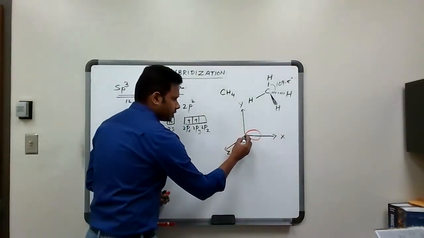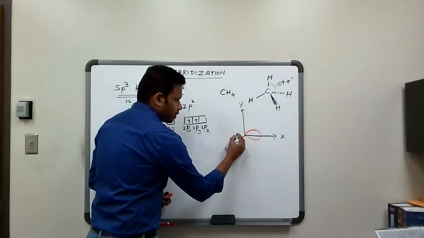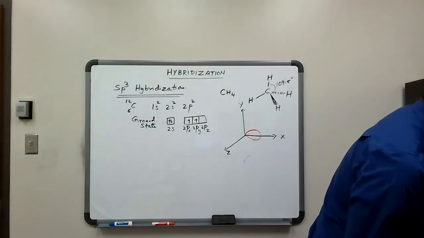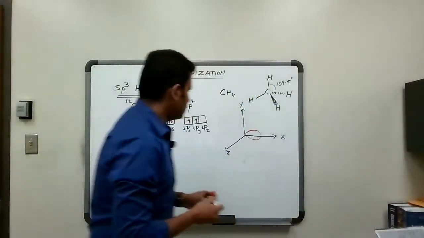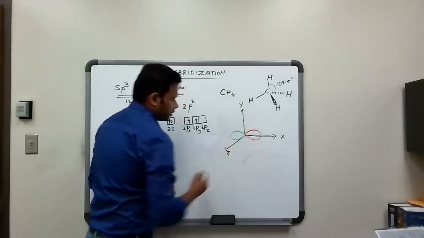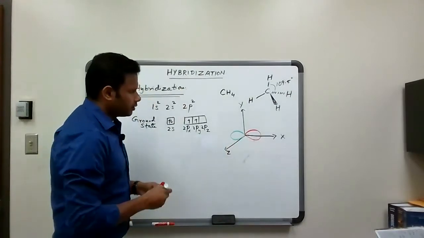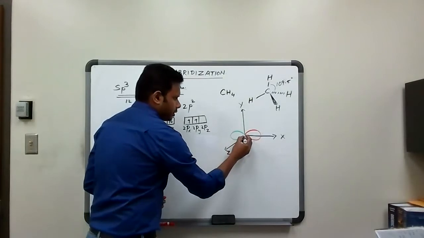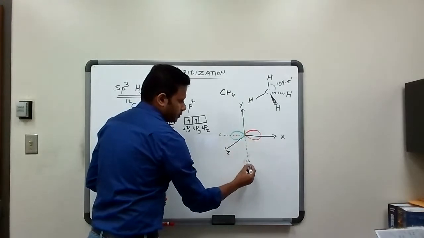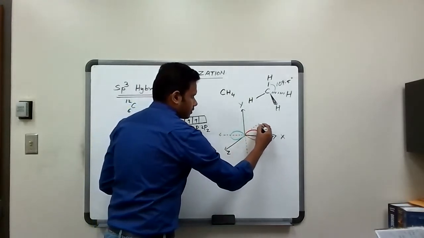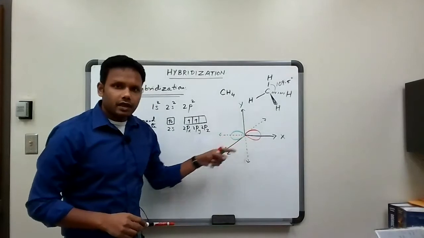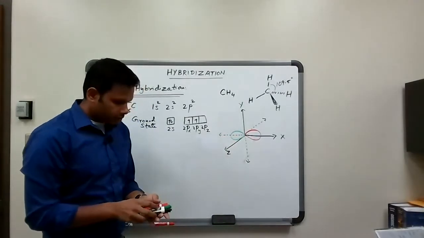A p orbital is dumbbell shaped, again something that you know from Gen Chem. Essentially we have the lobes of the orbital along the x-axis, the plus x and the minus x. That's why it's called a px orbital.